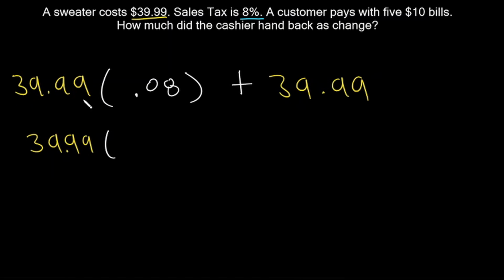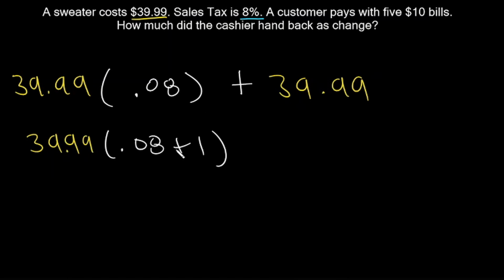So if we factor our price out of our first term, it's going to be 0.08. And if we factor our price out of our second term, $39.99 divided by $39.99 is going to be 1. So to get our total, it's going to be our price multiplied by 1 plus our tax.